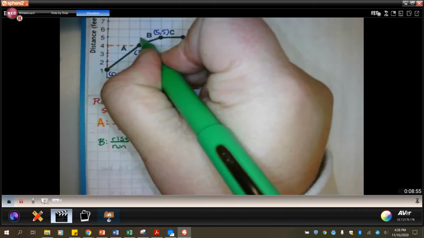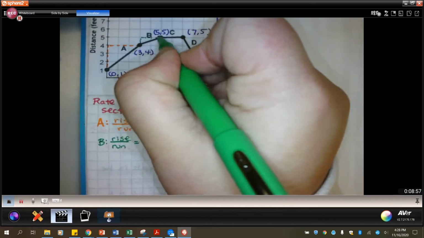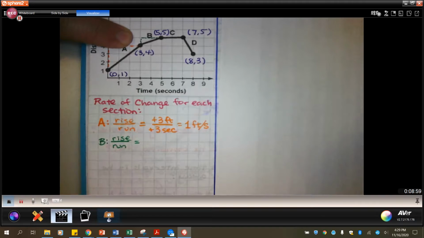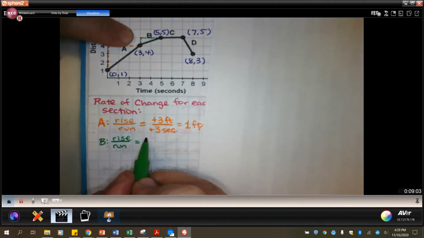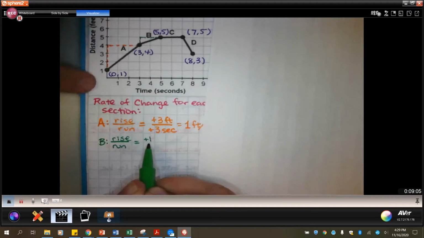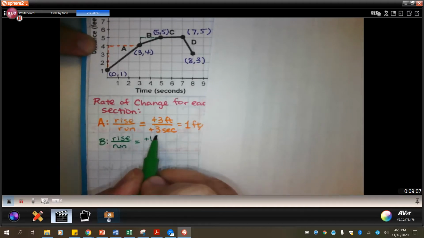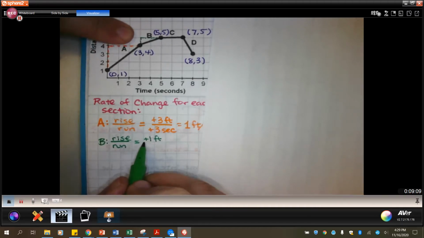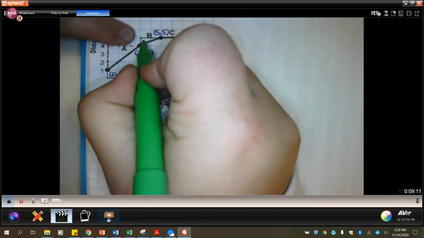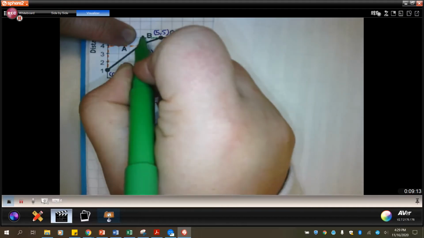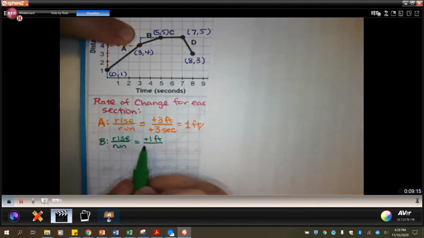So we go from here and then over to here. So the rise part of this, the up or down part, is actually just 1 square. So that is plus 1, and remember, since it goes parallel to this, it's feet. And then divided by, or over, it goes over 2 squares. So plus 2 seconds.